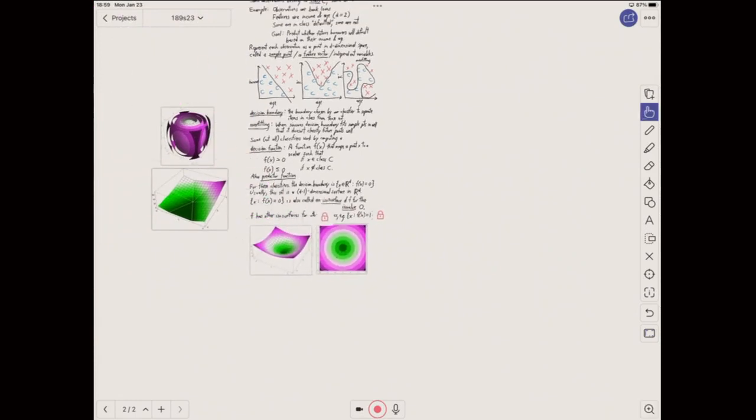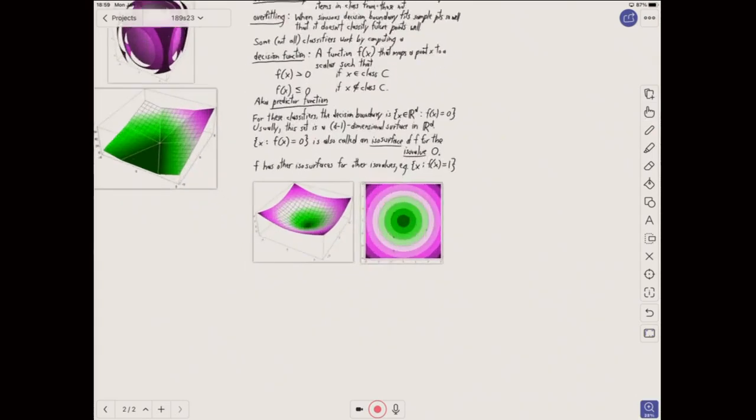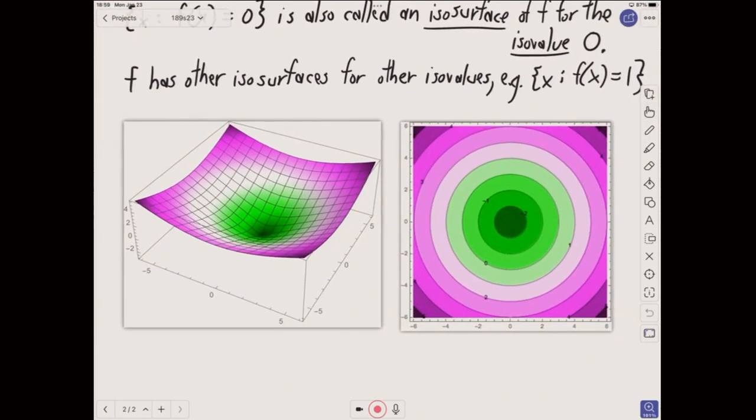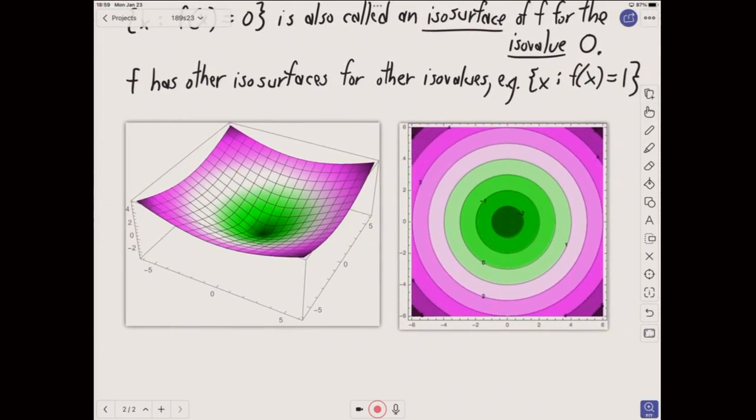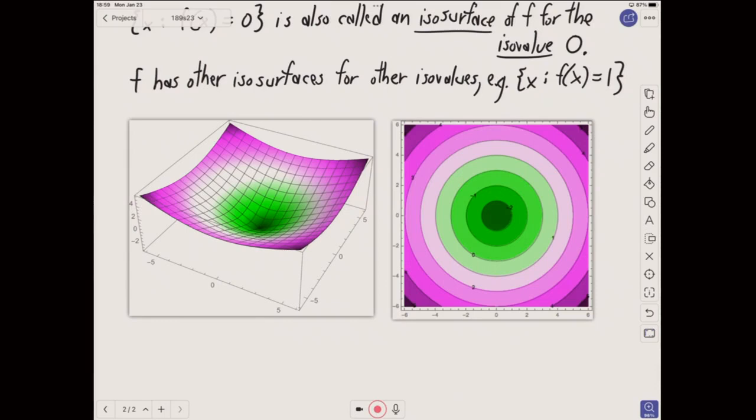So let me illustrate this a little bit. Here is a simple example in a two-dimensional feature space of some isosurfaces. What are we looking at here? The left figure and the right figure are two different ways of depicting exactly the same function f. They're the same function viewed two different ways.